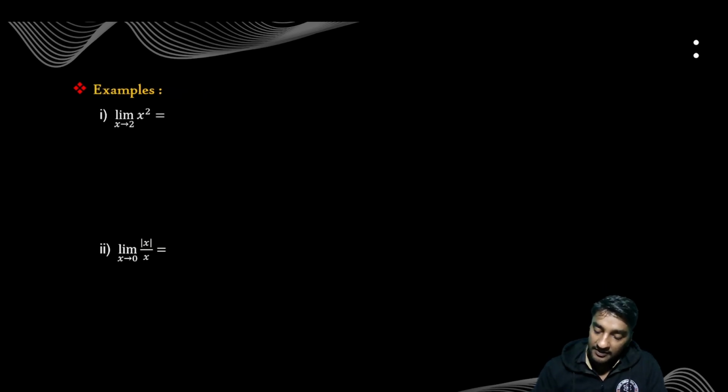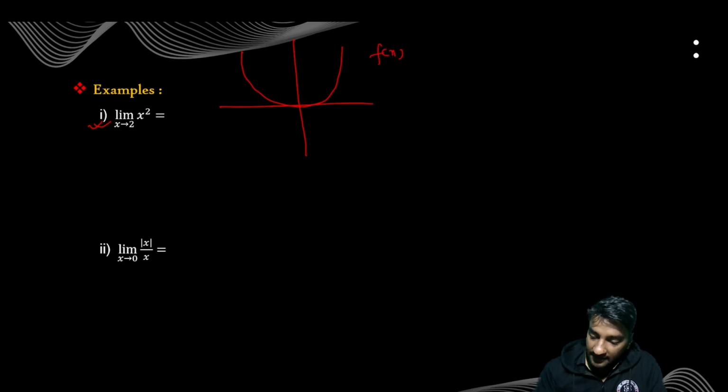The first problem is very easy. We'll do it by graphical approach. Suppose this is the graph of f(x) equal to x square. First of all, we'll calculate the LHL. The LHL is the limit as x tends to 2 minus of x square.